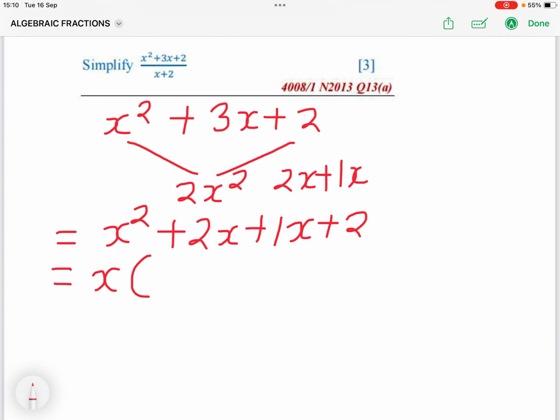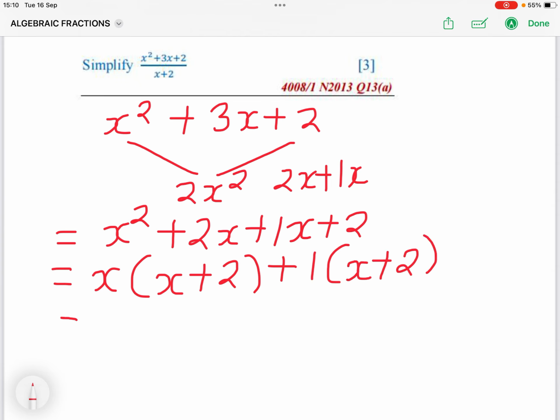We factor it out, and we remain with x plus 2 inside the brackets. For the second pair, the highest common factor is 1. We factor it out, and we remain with x plus 2 inside the brackets. So our final factorized form is going to be x plus 2 times x plus 1.